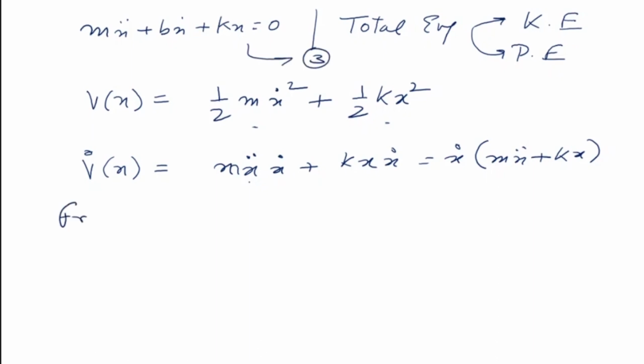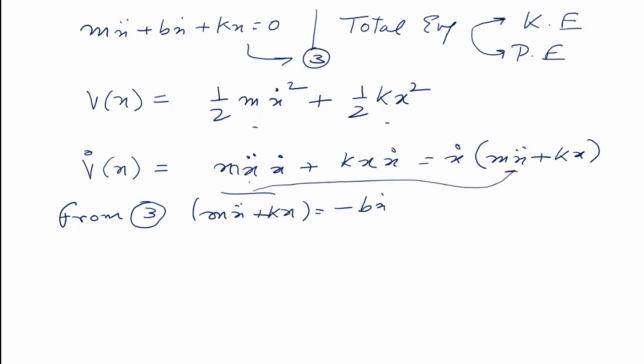So from 3, I can write m x double dot plus k x is equal to minus b x dot. I take this part and I put it inside there. So what I do get is V dot of x is equal to minus b x dot into x dot, so that is equal to minus b into x dot squared.